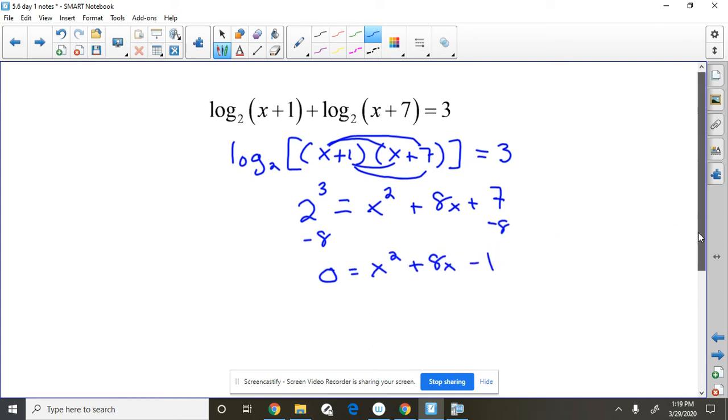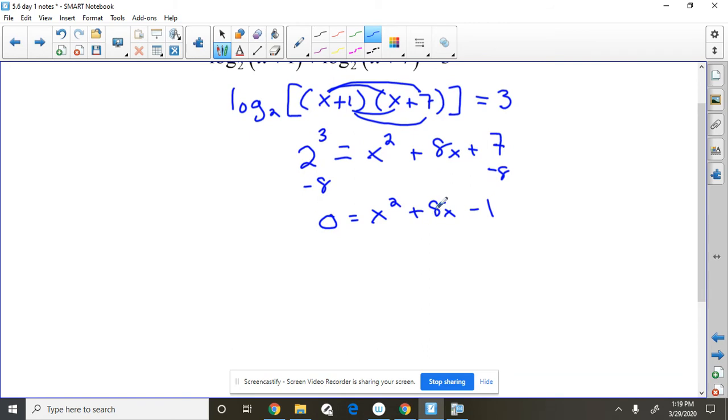In the problems the other day, we could always factor this quadratic. In this case, the problem is not factorable, and that'll happen in some of the homework problems tonight. When you can't factor, your next option is use the quadratic formula. X equals opposite of b plus or minus the square root of b squared minus 4 times a times c all over 2a.